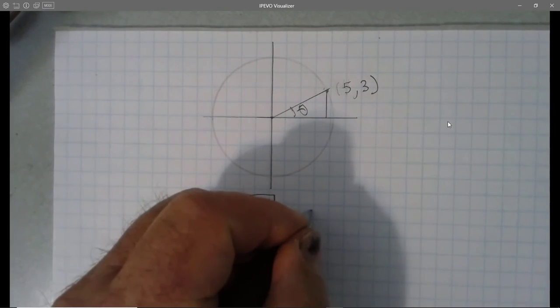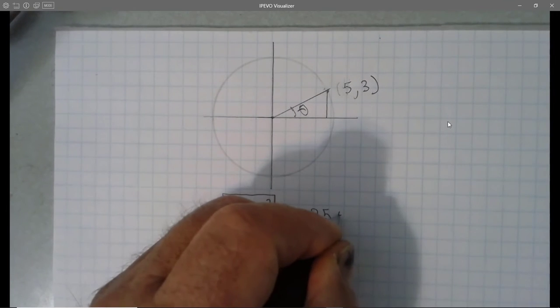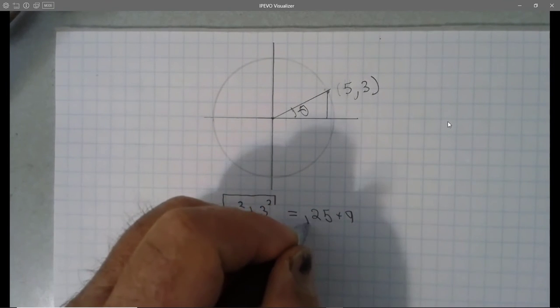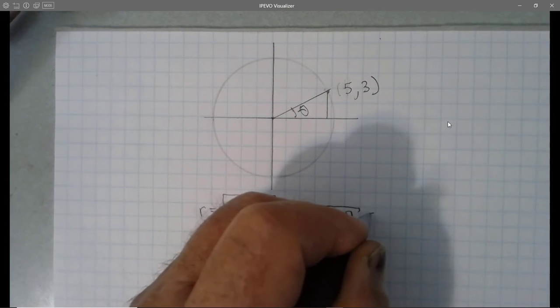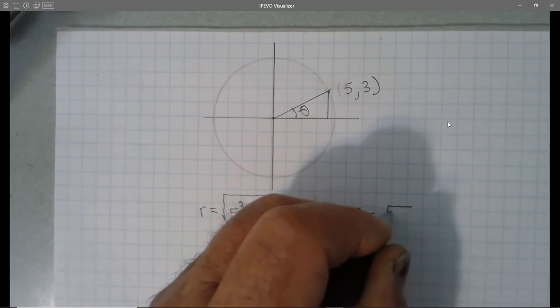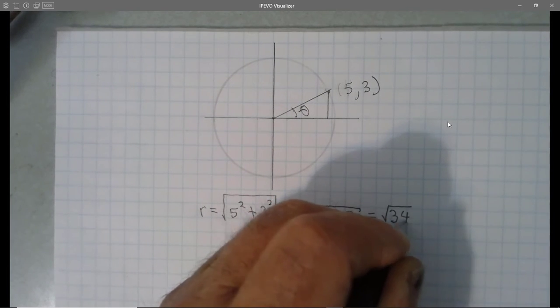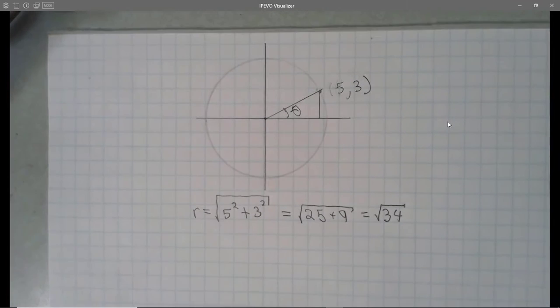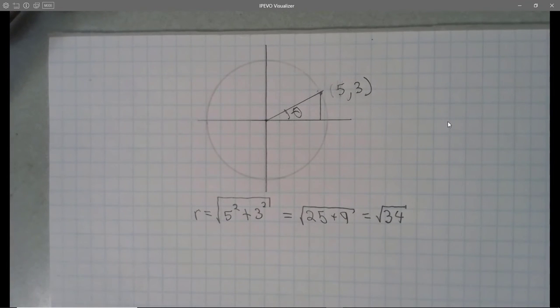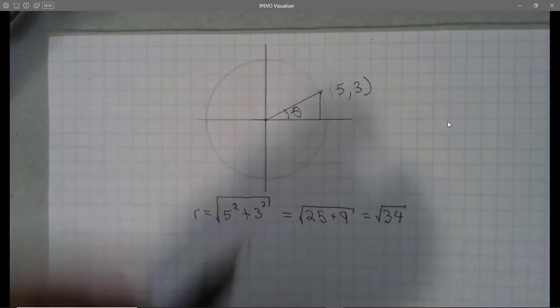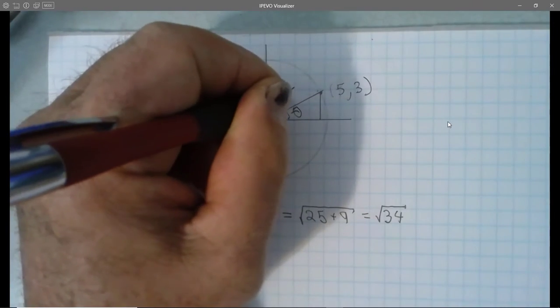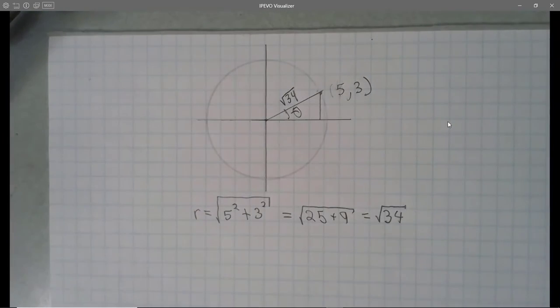So we have 25 and 9 inside of that square root. Sum those up, we get 34. And that does not reduce to anything nice. 34 is 2 times 17, and both of those are prime. So root 34 is the radius of our circle.